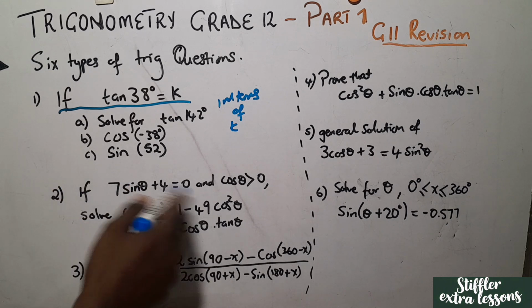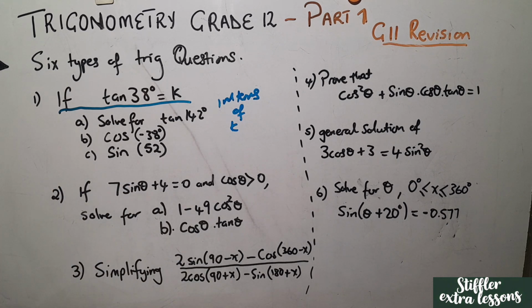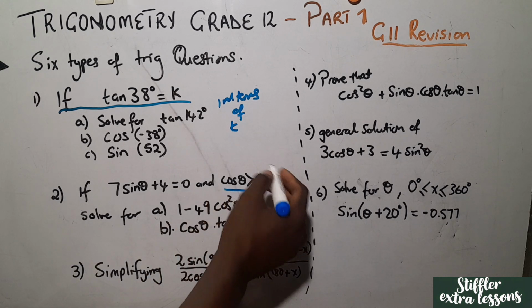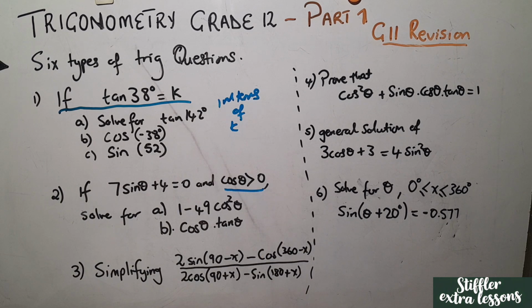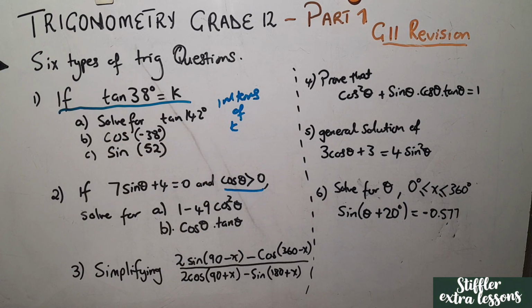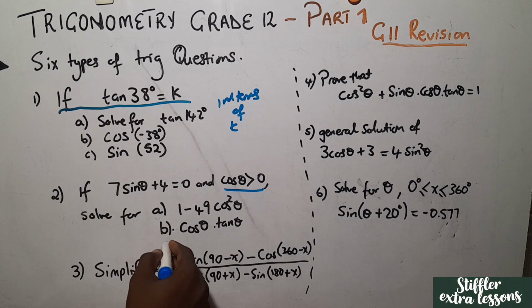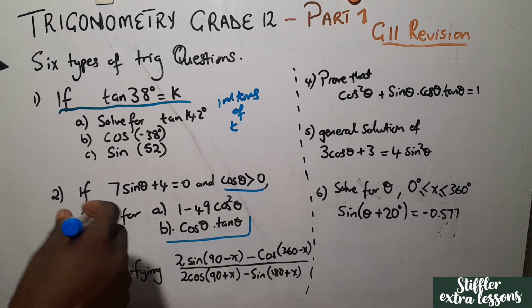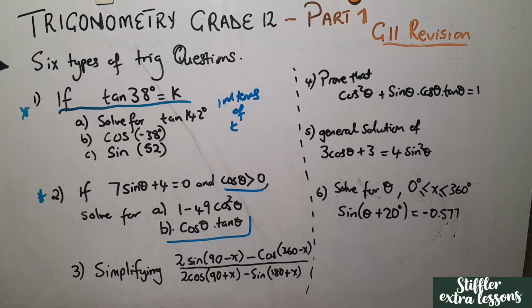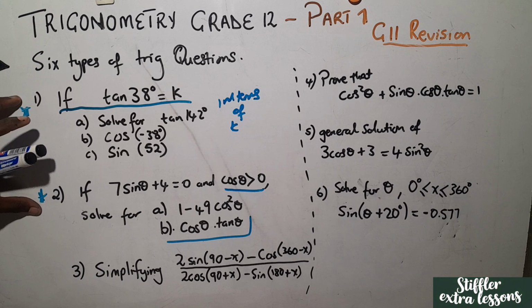The second type is when you're given, for example, if 7 sin theta plus 4 is equal to 0, and cos theta is greater than 0, and they say solve for the following in terms of what you are given, or without using a calculator. As you can see, these two types of questions are the same. That's my theory, so I said the first 2 are the same.